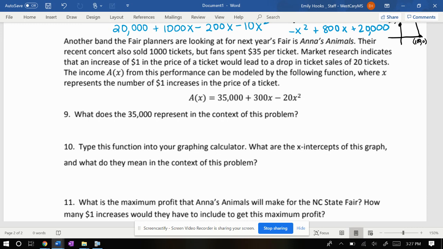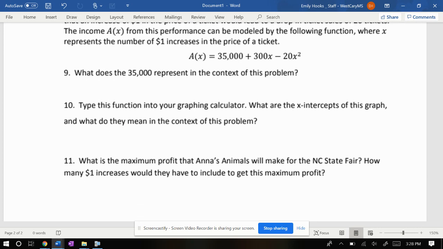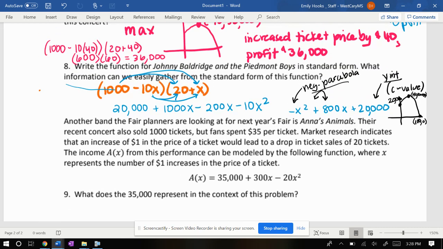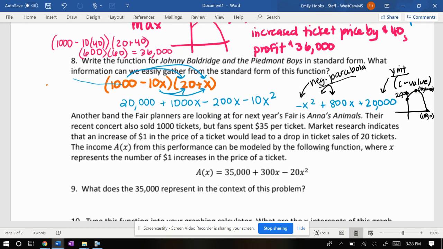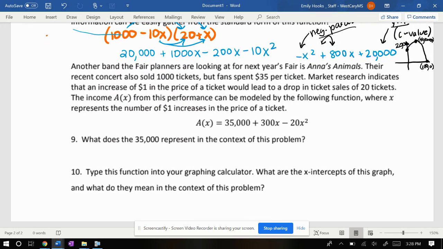So every time they increase, they're losing 20 people instead of 10, but they're charging more per ticket initially. Their form is given to us in standard form originally, where the Johnny Baldridge boys were in factored form. So this is called standard form, in case you want to write that down.